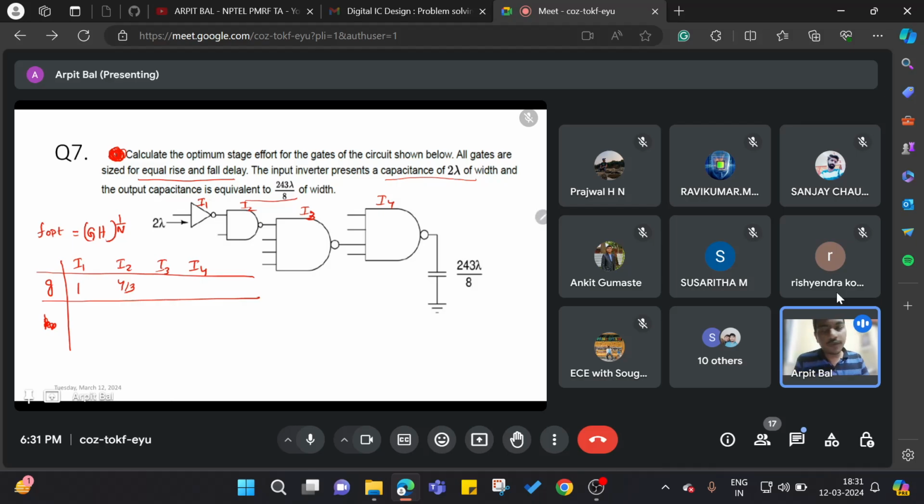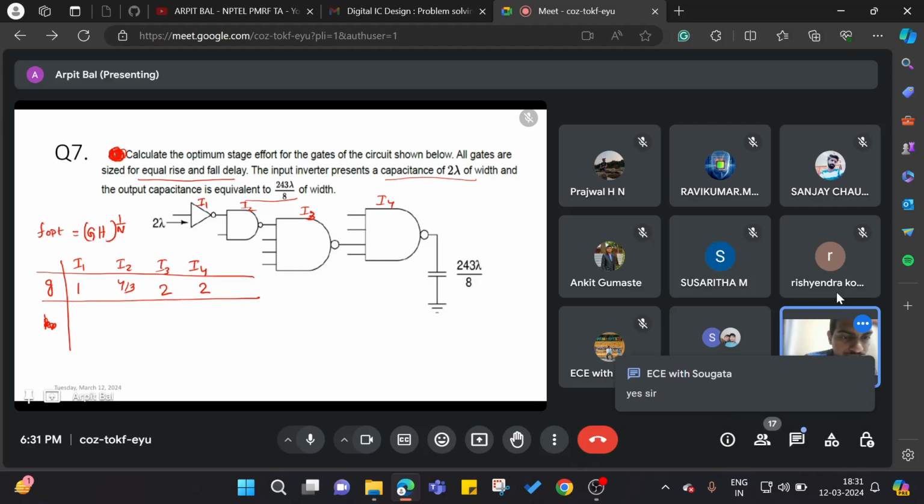Okay, similarly for I3, 2. For I4, 2. So is everyone clear with how we arrived at the G values for all the gates? Is there any doubt?